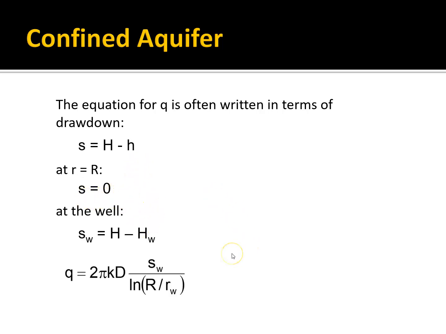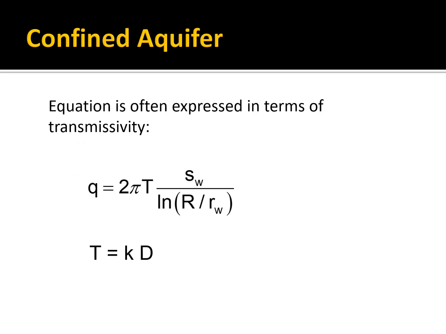And at the well, the drawdown is equal to the initial head minus the head at the well after you've been pumping. So if you know Q, you could solve this for drawdown, but now we have a simple equation relating the pumping rate and the drawdown at the well.